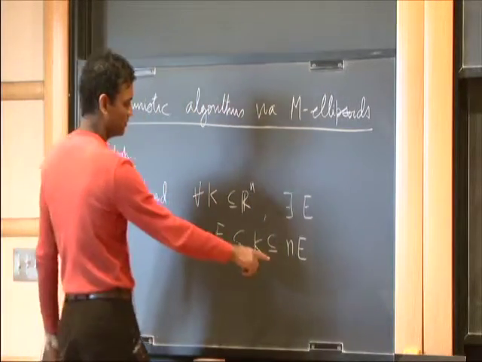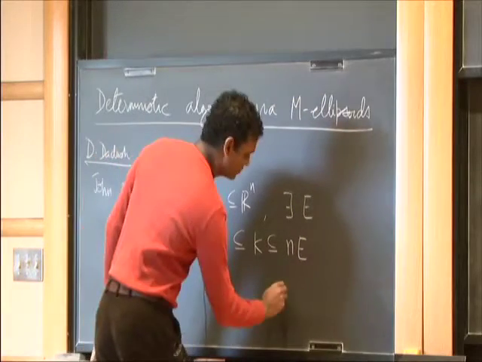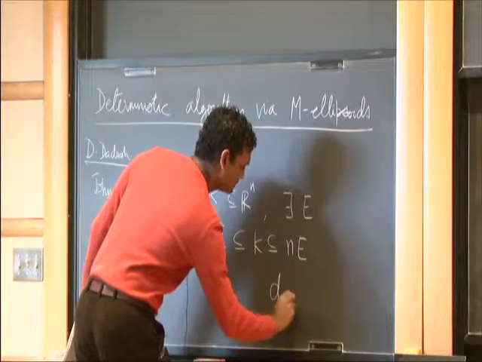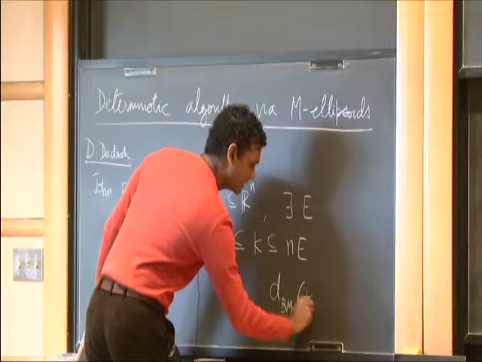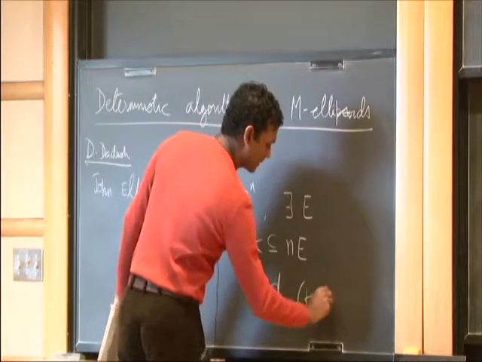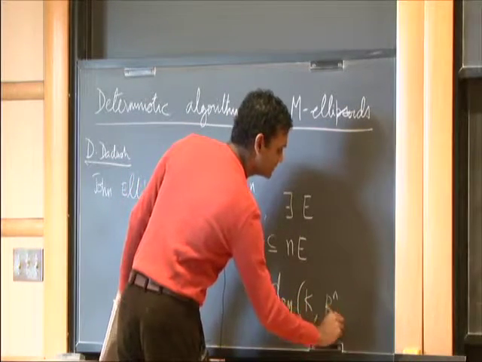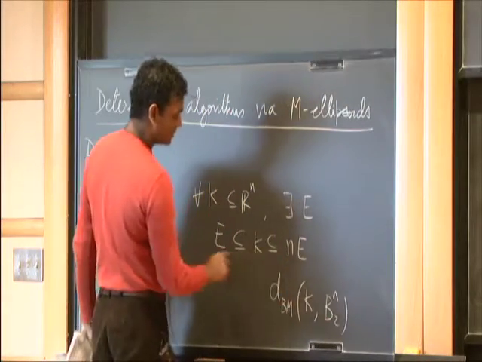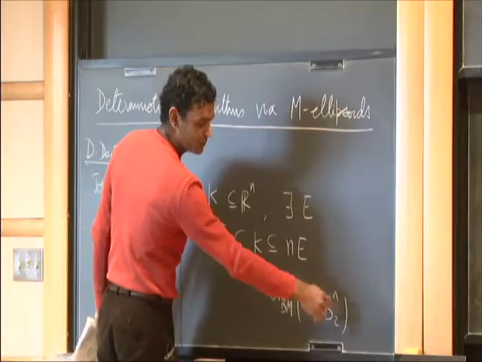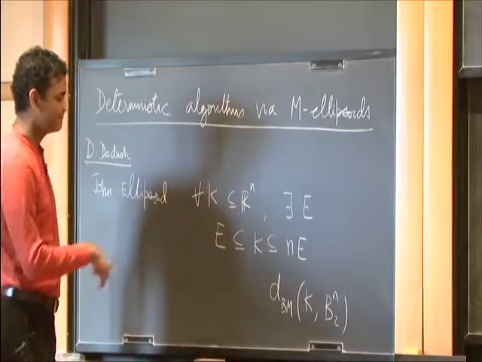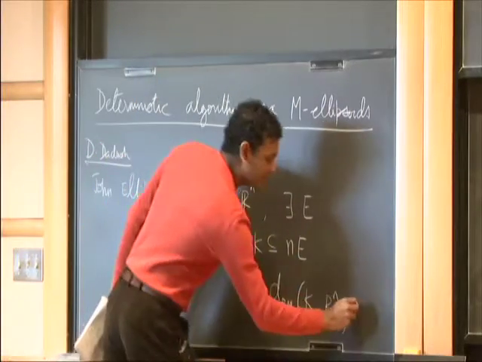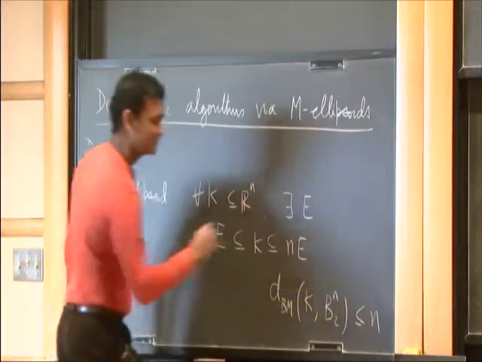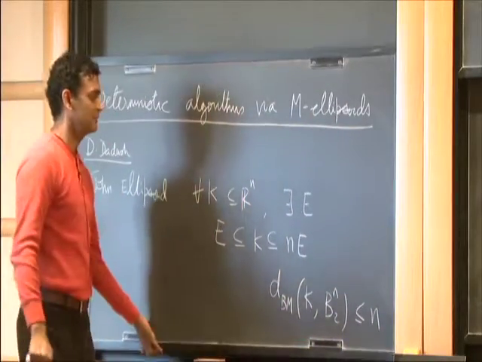It will be convenient to call this minimum sandwiching ratio the Banach-Mazur distance, with the usual notation, of K with a ball in n dimensions, the Euclidean ball. By this we just mean the minimum sandwiching ratio you can achieve by any affine transformation. So this is at most n for any convex body, and it's tight for a simplex.